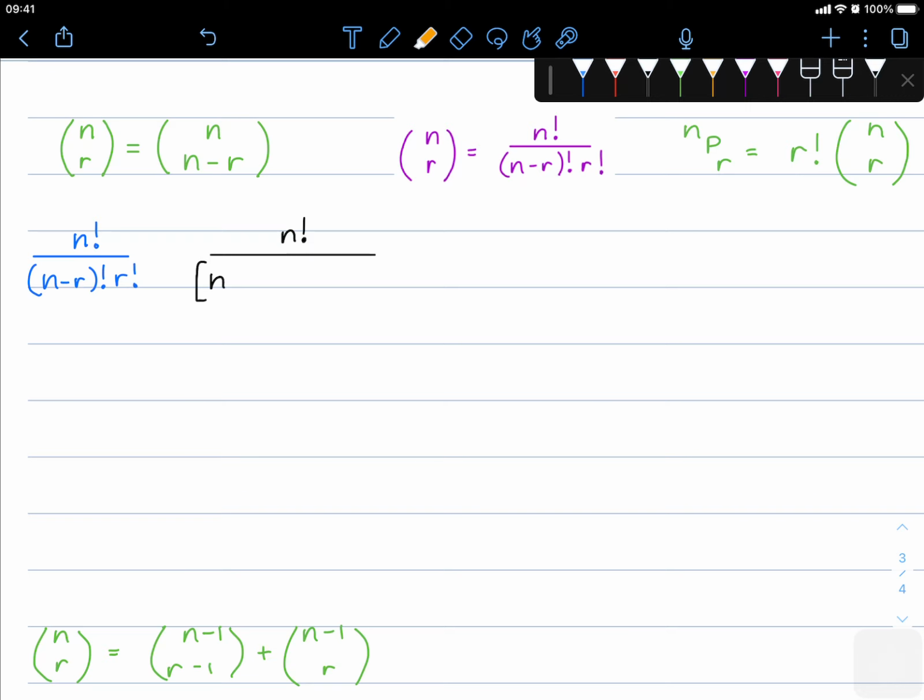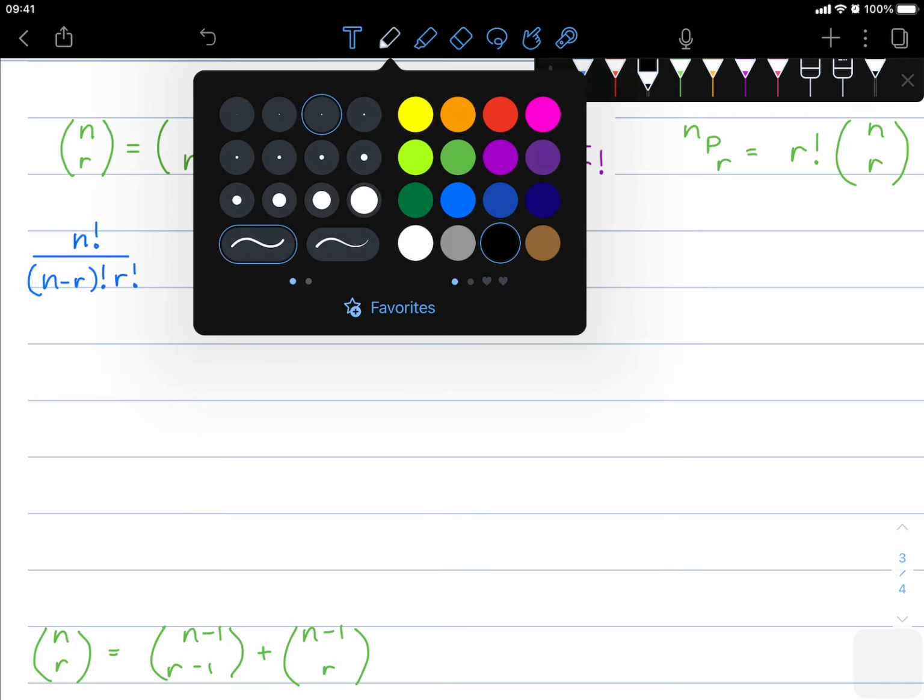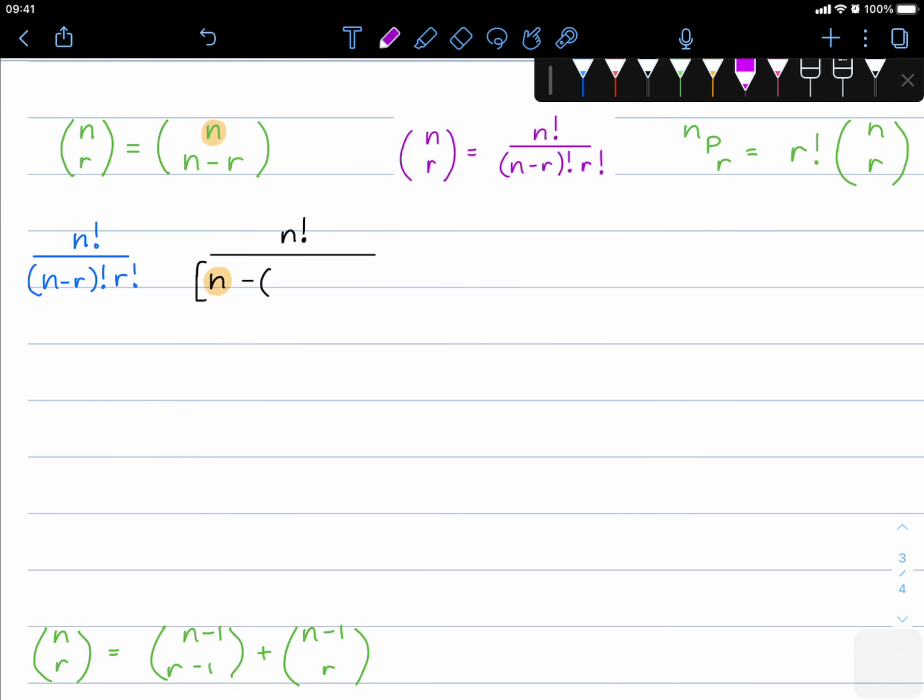This top value minus, using the definition now, since it's r and r is on the bottom, we're going to minus everything in that bottom value there, that r value. So it's n minus r, like that.